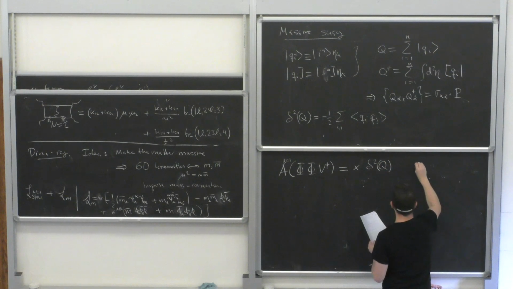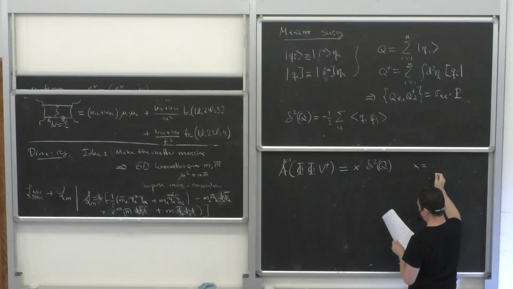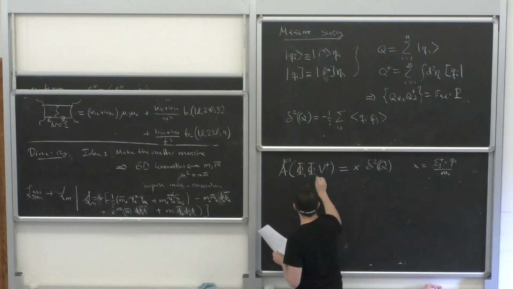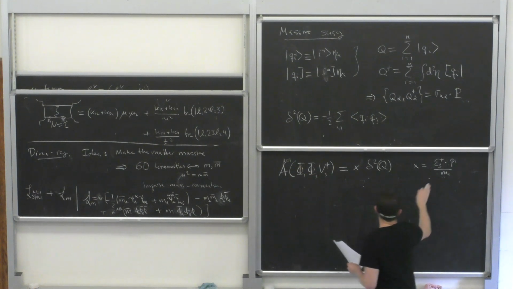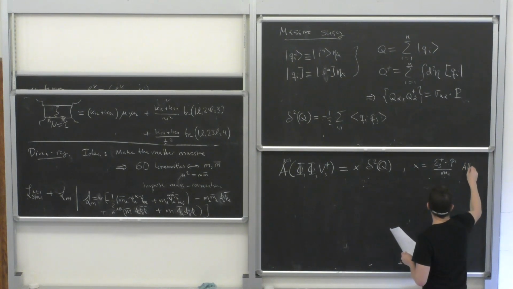And what is the x factor? This is the x factor that Nima and friends introduced, which we can actually write. We can write it as epsilon 3 plus times p1 over m1. This is particle 1. Let me put 1, 2, 3. You can also write it various other ways, but this is the one that Nima and Yutin and company introduced.